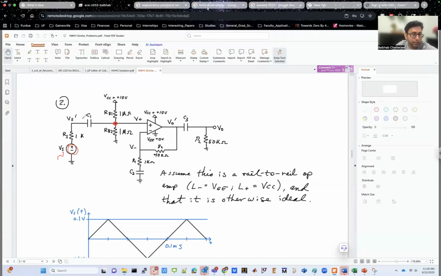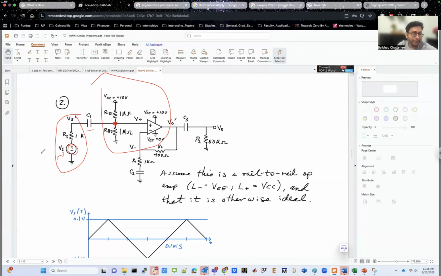So you want to isolate the DC of this part from the DC of whatever the op amp is seeing. And because the capacitor offers infinite impedance at DC, it can isolate 2 DC voltages, because there will be no interaction between those 2 DC voltages as there is no DC current flow through a capacitor. So the capacitor is isolating the 2 DC domains on the left side and right side.